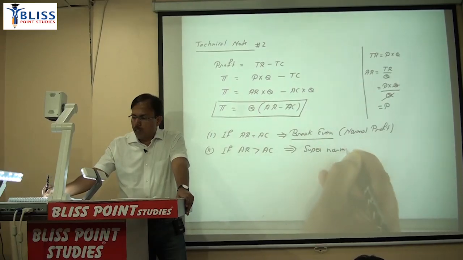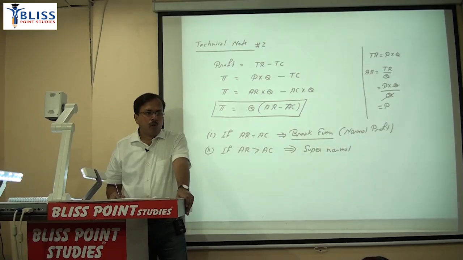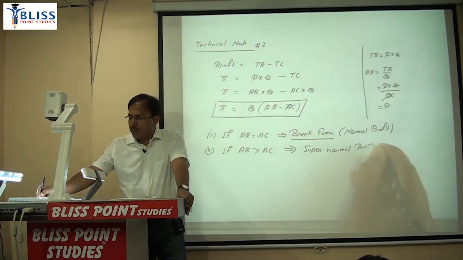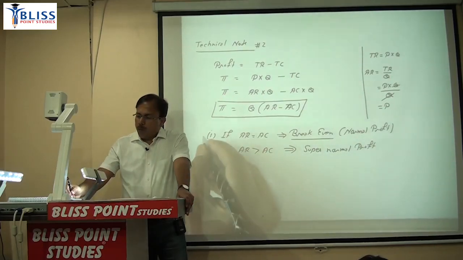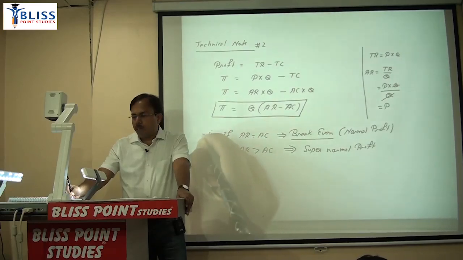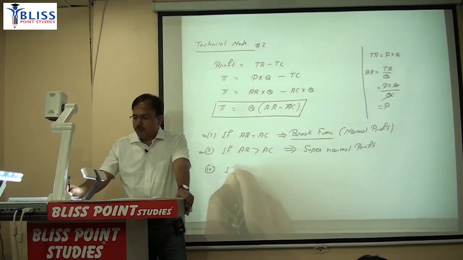Or what could be the other term? Excess profit or abnormal profit. There will be no problem if firm is having supernormal profit. Firm will also operate when firm is having normal profit, but third condition is most important.